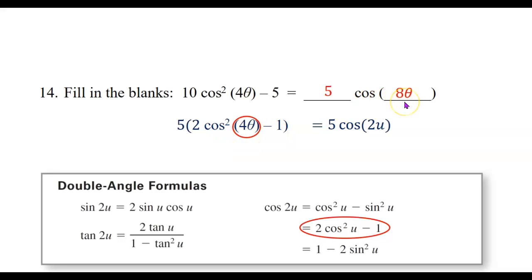The cosine of 8 theta, that is the cosine of 2 times 4 theta, would be equal to 2 times the cosine squared of 4 theta minus 1. And then we just multiplied that through by 5.